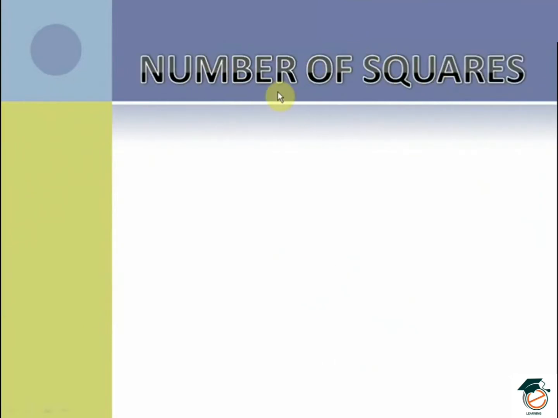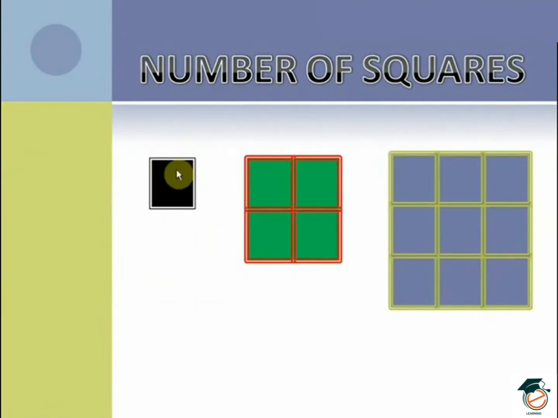Let's see one more example, the number of squares. So let us say that this is a square. Number of squares is equal to 1 here, 1 square equal to 1. Similarly, this is a square in which we see 4 smaller squares. So the number of squares here is 2 square, which is equal to 4. Similarly, if we look at this square, then we see that there are in all 1, 2, 3, 4, 5, 6, 7, 8, 9.